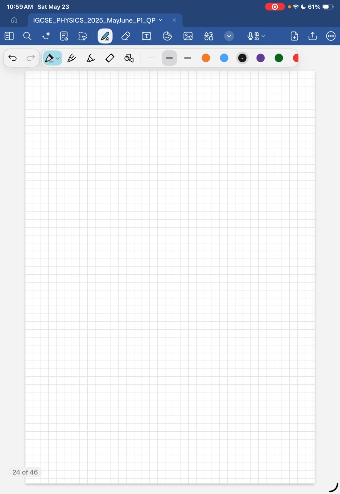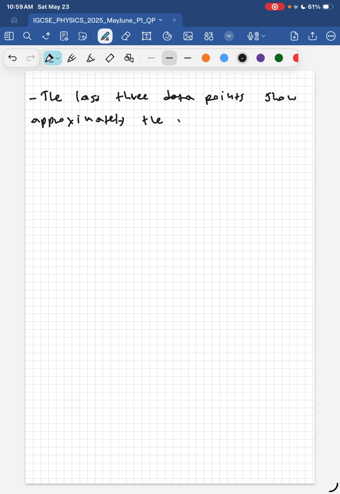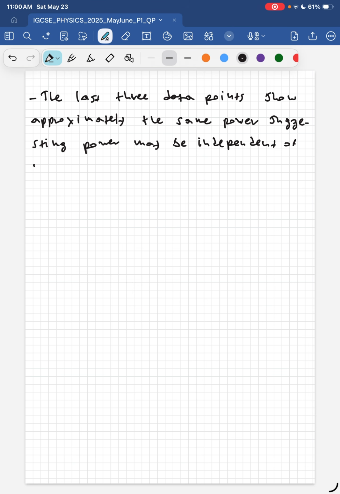Let's use a clean page. The last 3 data points show approximately the same power, suggesting power may be independent of mass for that range.